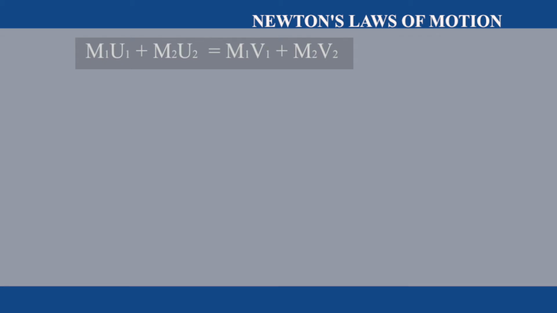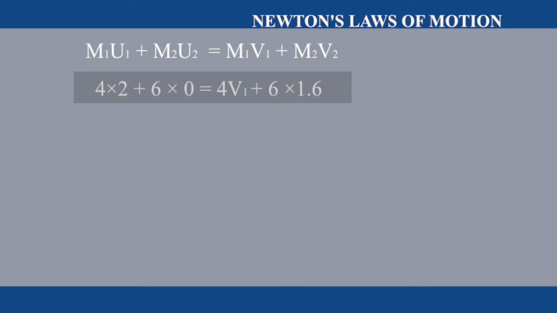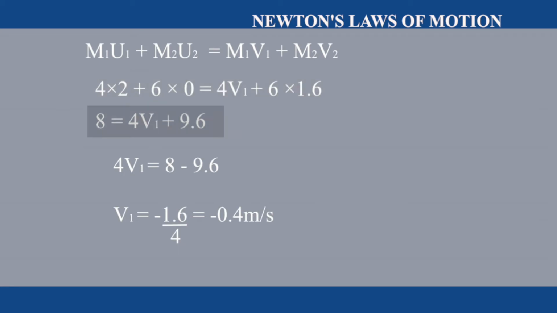By substitution we have 4 times 2 plus 6 times 0 equals 4 v1 plus 6 times 1.6, so that we have 8 equals 4 v1 plus 9.6, which will give us 4 v1 equals negative 1.6, and therefore v1 equals negative 0.4 meters per second.